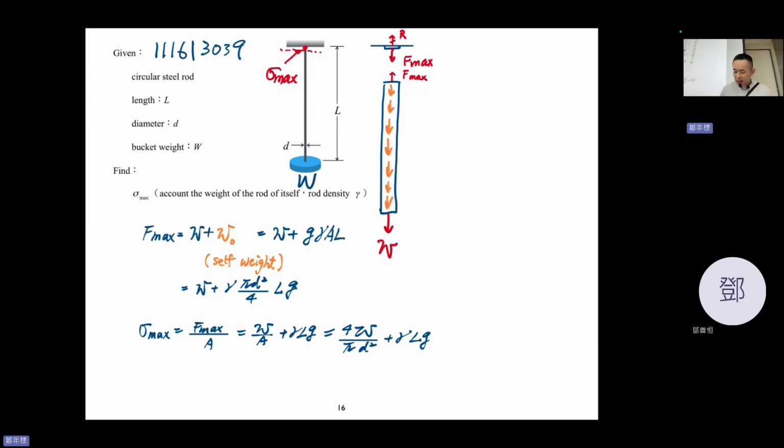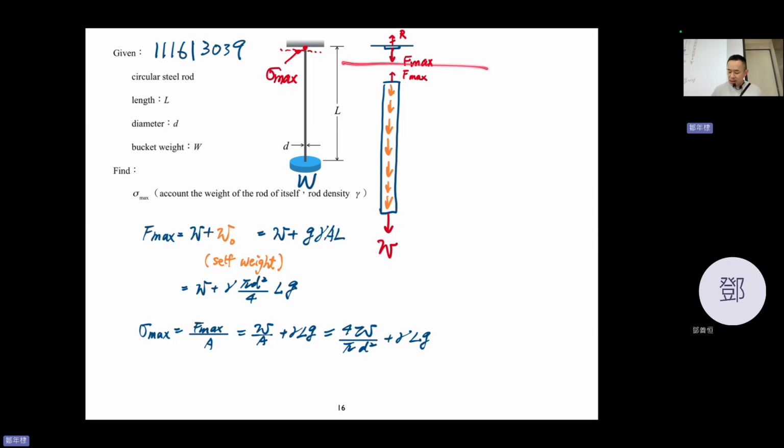The concept is that if we want to see the force, internal force, or the stress at any point of a material, for example, here, I want to see the force or the stress at that point, I need to cut it.